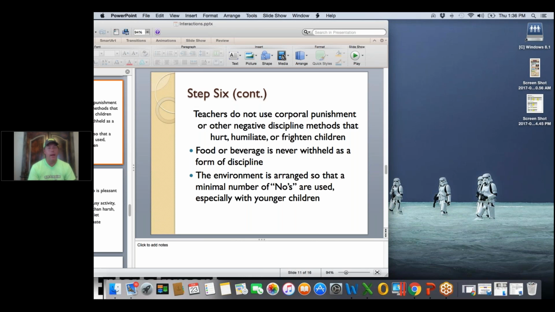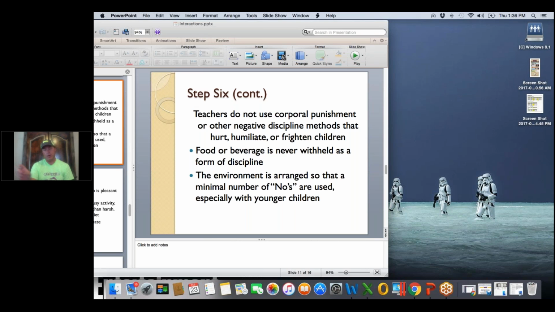Don't make a threat unless you're willing and able to make that happen. And 99% of the time, the threats that we make are not something that we can make happen. So we don't do that. We want to keep it positive. Obviously, food and beverage is never withheld as a form of punishment.